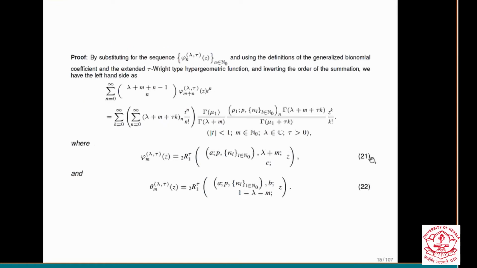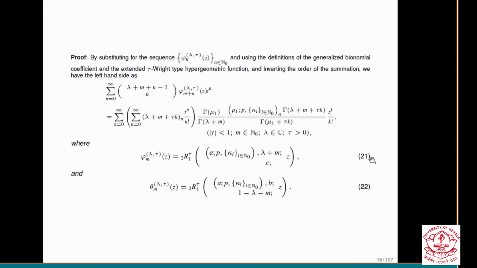So here we give some proof of this theorem. This is by putting this value and using the definition of the generalized binomial coefficient, as I discussed earlier in our last slide. And this is an extended tau Gauss type hypergeometric function, and we obtain our result. The same method can be applied for obtaining 20, 21 and 22. So is all this clear?